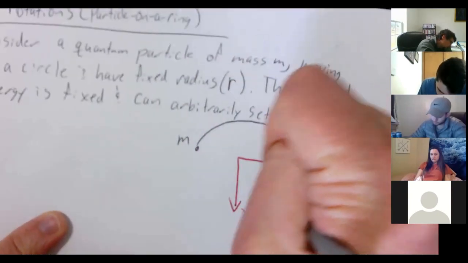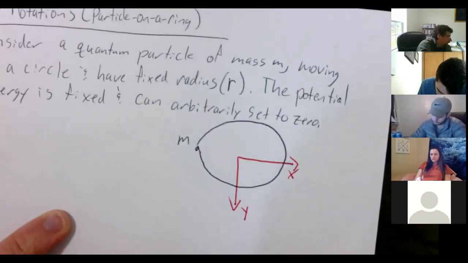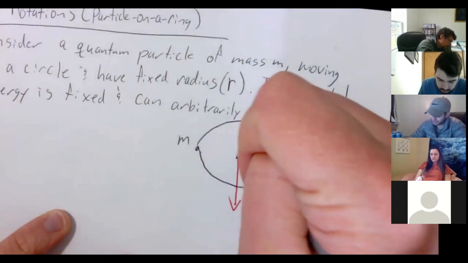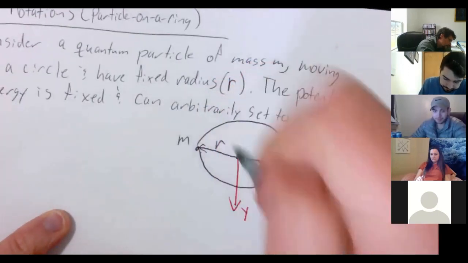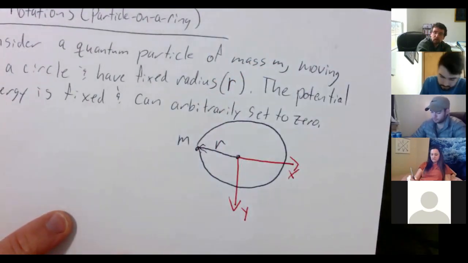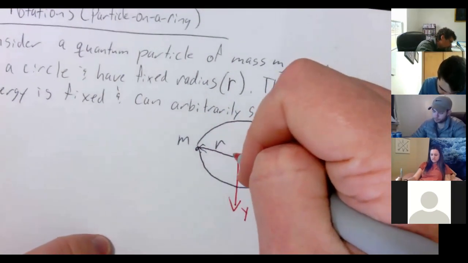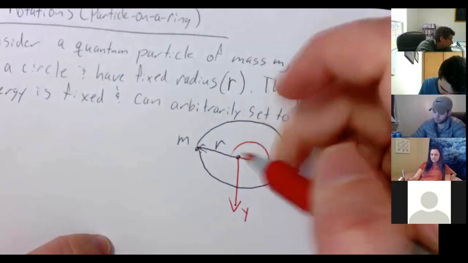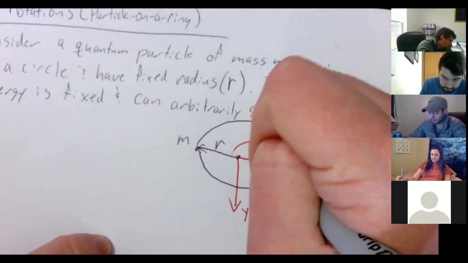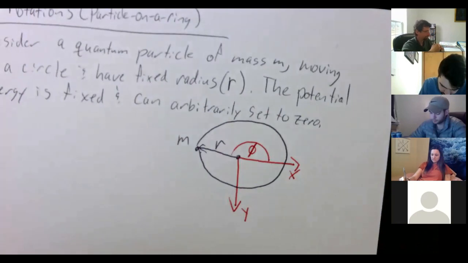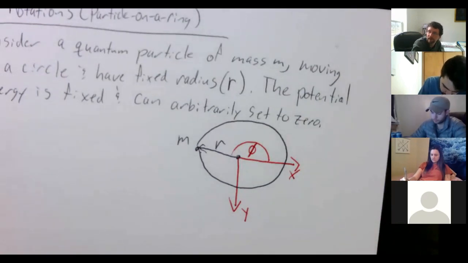It's traveling in a circle, even though mine looks like an oval. This distance is r, and we have to have one angle. We're going to define our angle along here, and we're going to say that's phi. Okay, so everybody feel like they got an idea of what this system looks like. Just a particle zipping around in a circle.